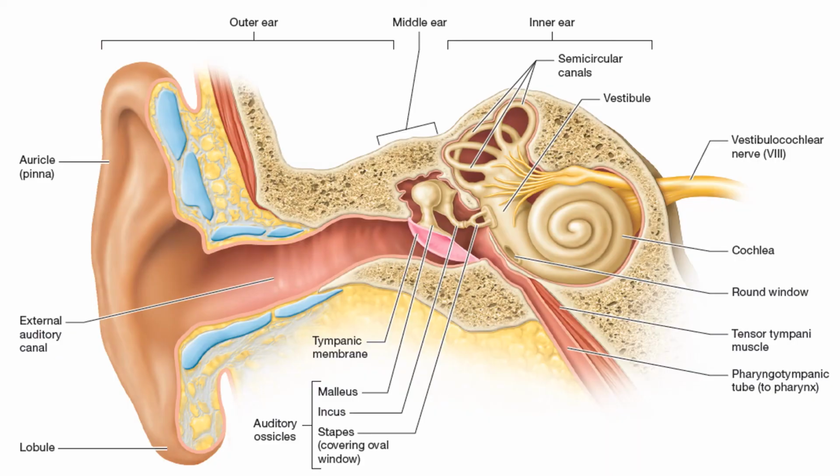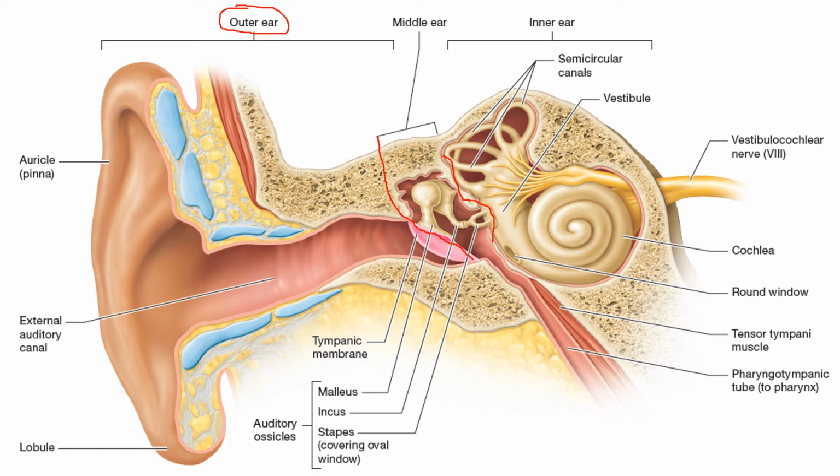And here you see some of these structures. I'll show this to you now, and then as I move through this section, I'll show you specific regions that I'm talking about. Here you see a great image outlining the boundaries of the outer ear, and the middle ear is basically just from the tympanic membrane to this vestibule, this cochlea region.